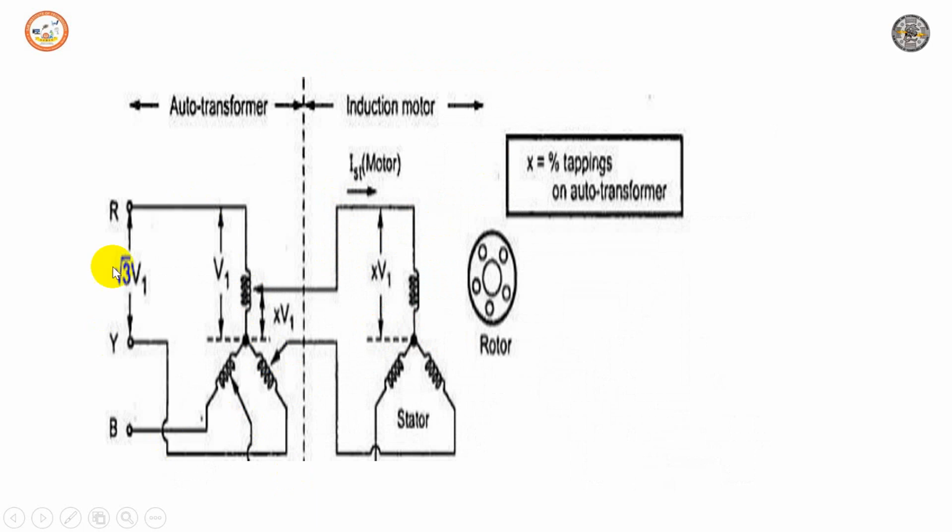We can vary the auto transformer based on the voltage we require, and even otherwise it gives a reduced voltage of 1 by root 3 times the supply voltage at start. During running condition, it becomes delta.